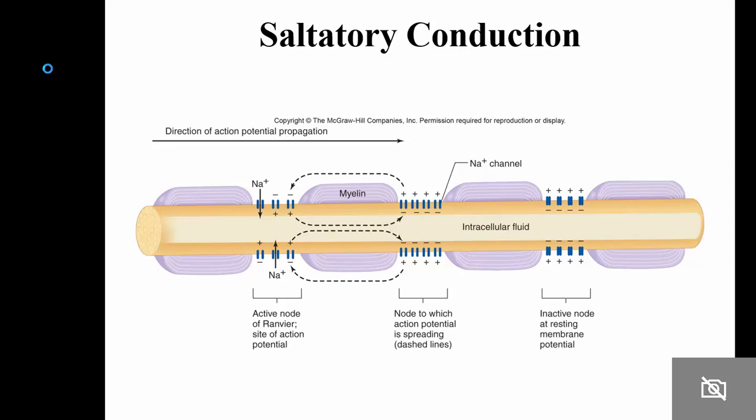And at this place here, what they're not showing you is these sodium channels and potassium channels are here also. They're just at a lower density. So if in this span you have 4 sodium channels, in this span you may only have one.